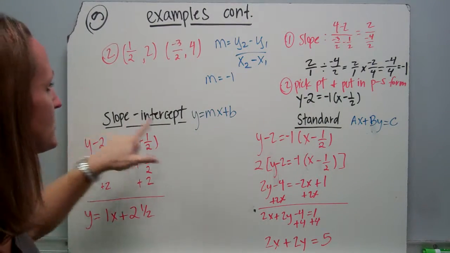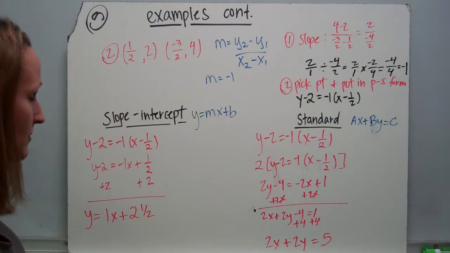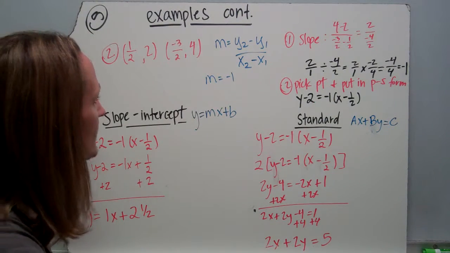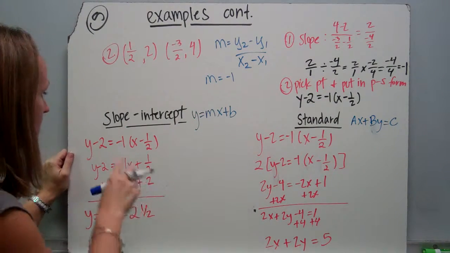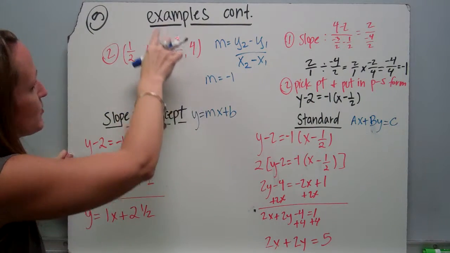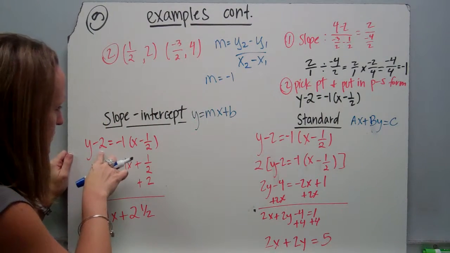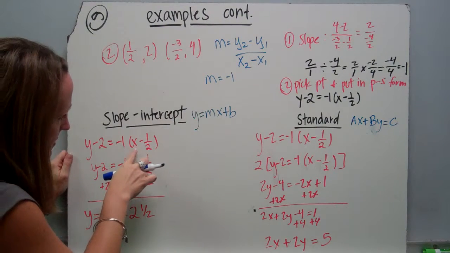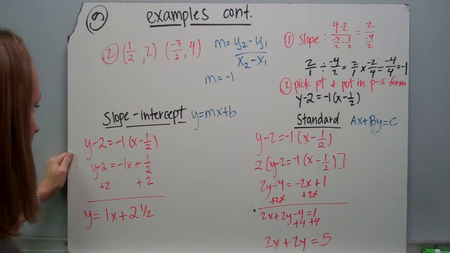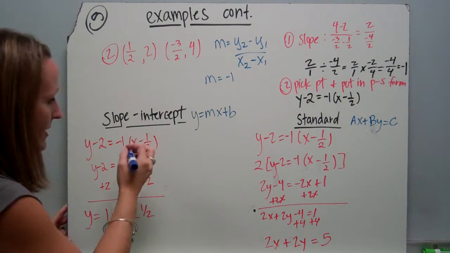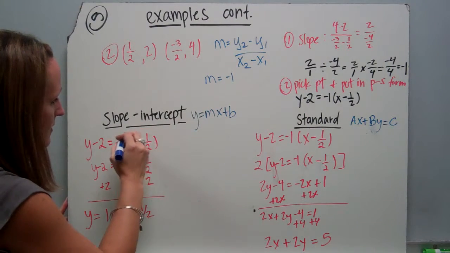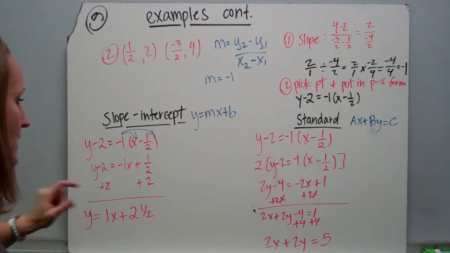Alright, so let's first put this in slope-intercept form. But to get there, we're going through point slope. So I'm going to choose this point and do y minus 2 equals negative 1 times x minus 1/2. Okay, so I've got to distribute this first so that everything is together.